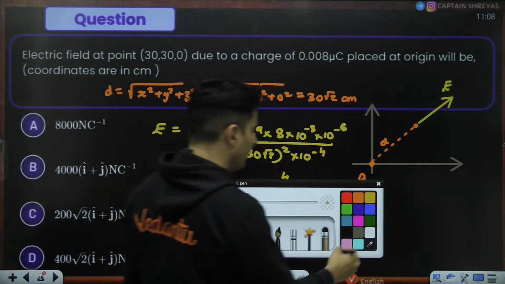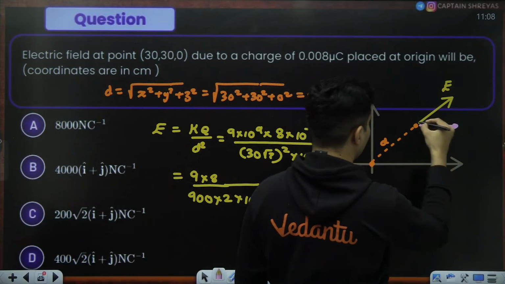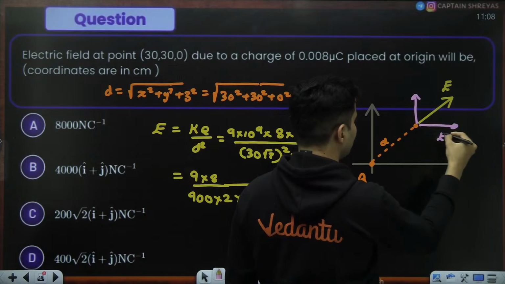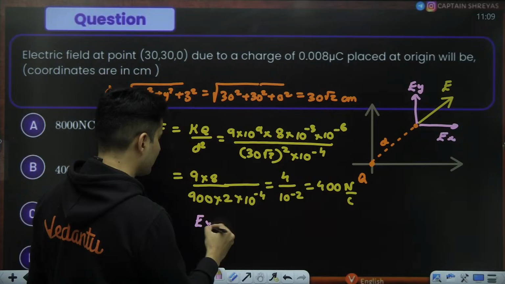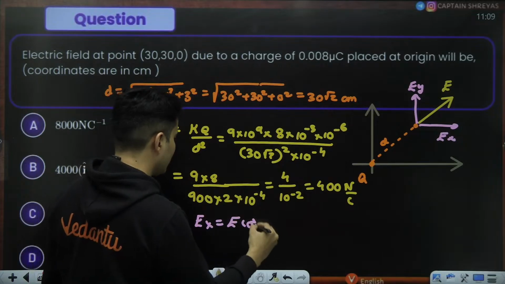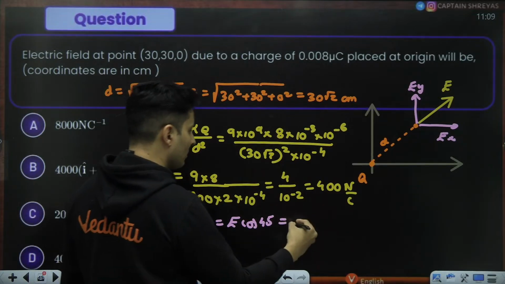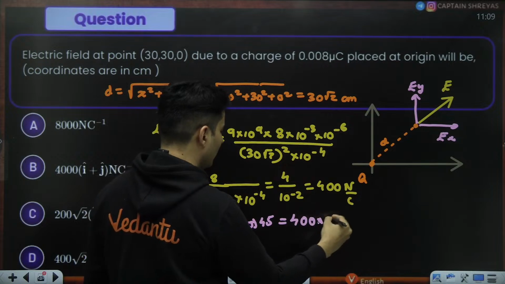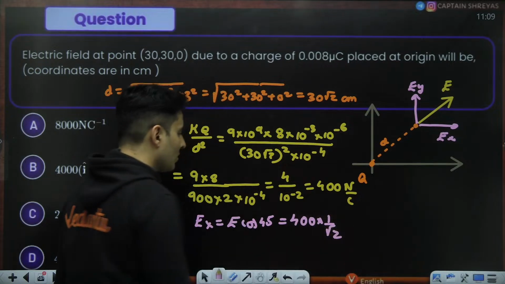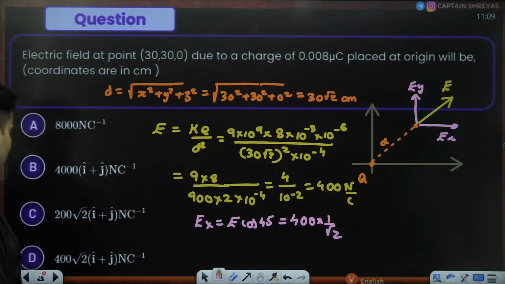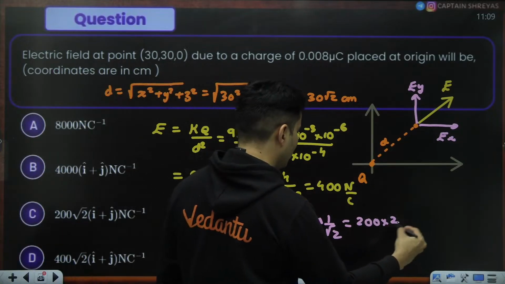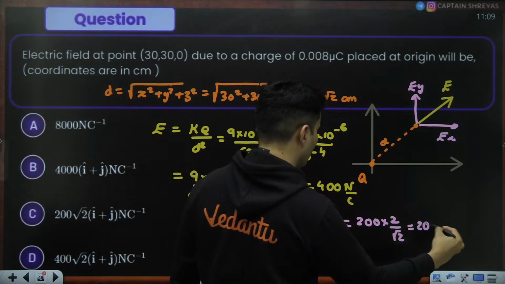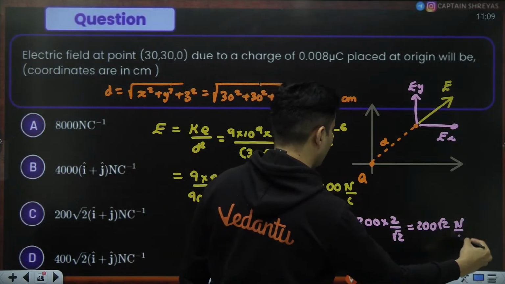Now, this 400 Newton per Coulomb will have two components, one here and one here. Both will be equal, Ex and Ey. So the Ex component will be E cos 45. So 400 cos 45, which is 1 by root 2, so 400 by root 2, which is also, you can say, 200 multiplied by 2 by root 2, which is 200 root 2 Newton per Coulomb.